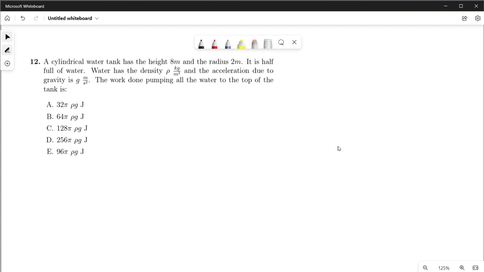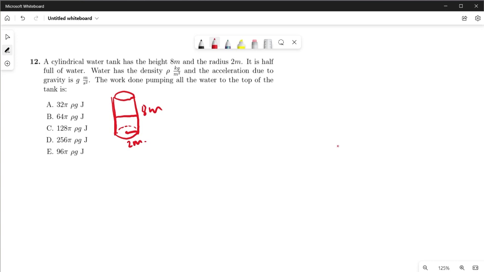For number 12, we have a physical application of integrals. We have a water tank, and we want to empty that water tank, right? In this case, I want to draw the cylindrical water tank, something like this, where the radius is 2 meters and the height is 8, but the tank is half full or half empty.